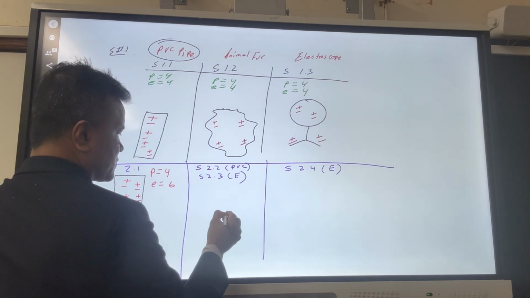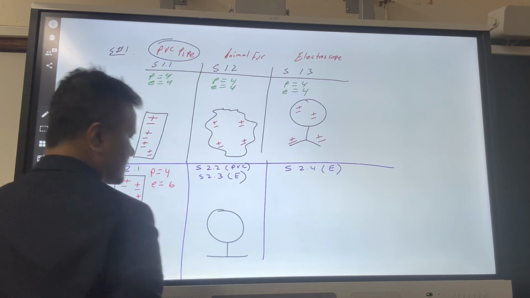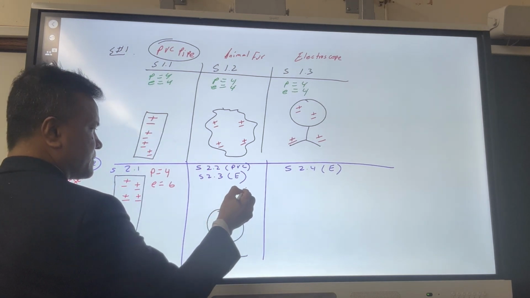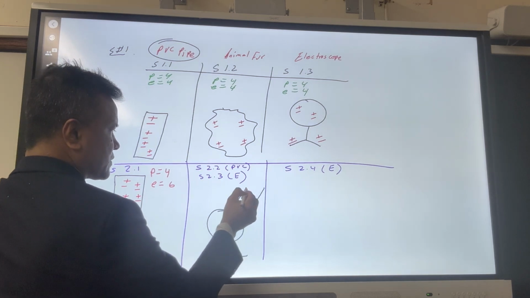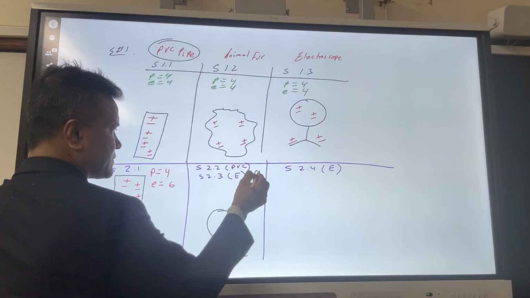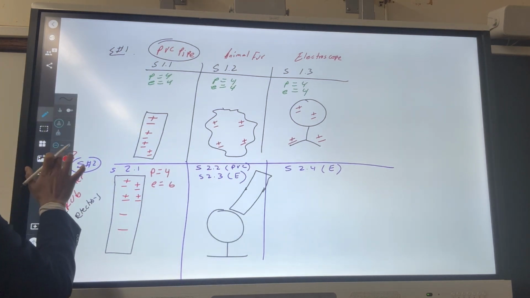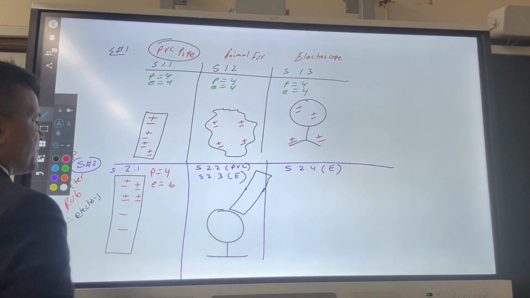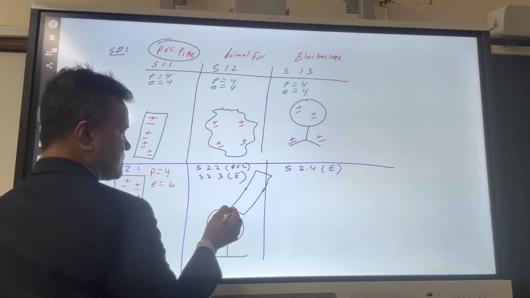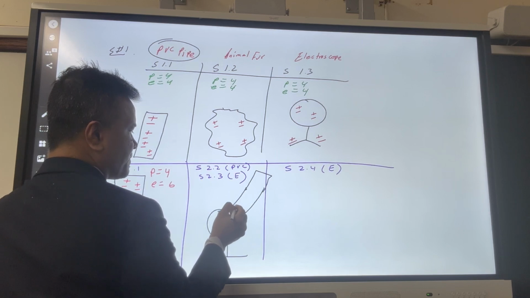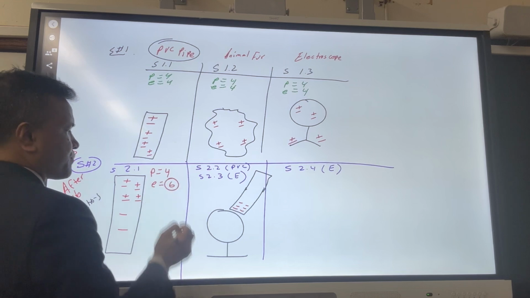Here is our electroscope, and here is our PVC pipe. Make sure it doesn't touch the electroscope. Okay, great. So electroscope is negatively charged. 1, 2, 3, 4, 5, 6. 6.